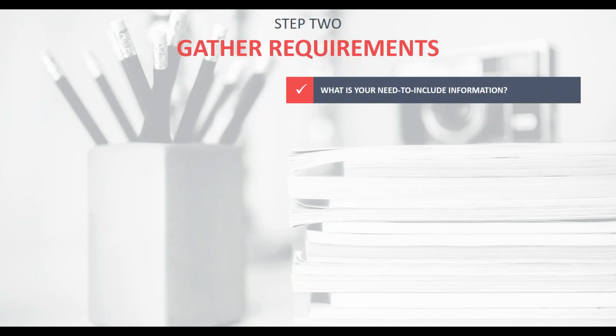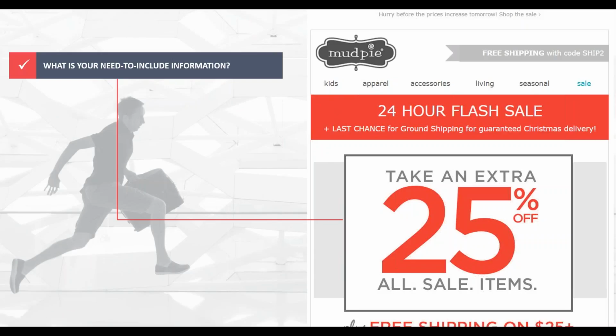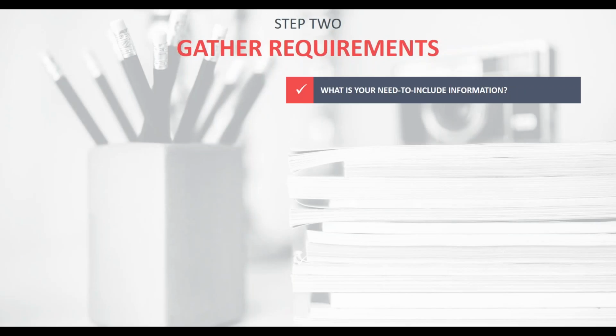What do you need to send that 25% off email? Do you need a promo code? Do you need the products? Do you need supporting copy? Do you need terms and conditions? This is everything that you have to gather up before actually creating a campaign brief or actually designing and building your email.